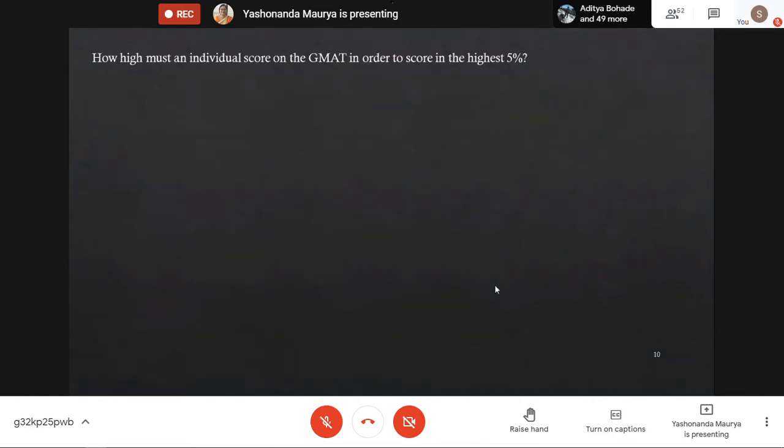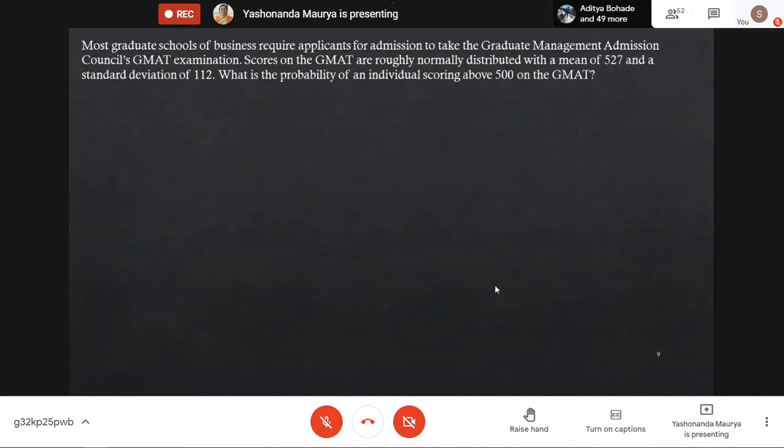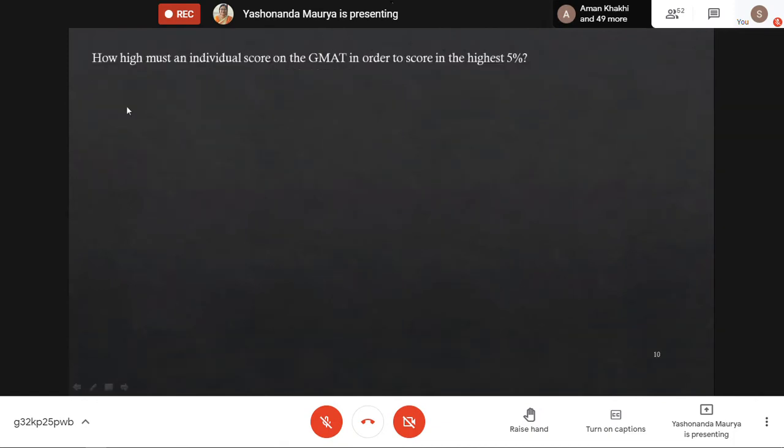So how do we go about this one? I can write down the data from the previous part. Mean is 527 and standard deviation is 112.